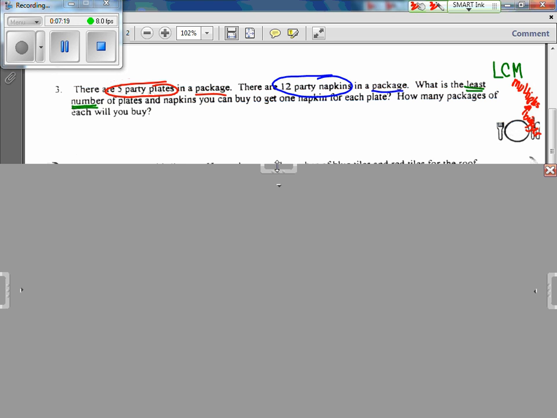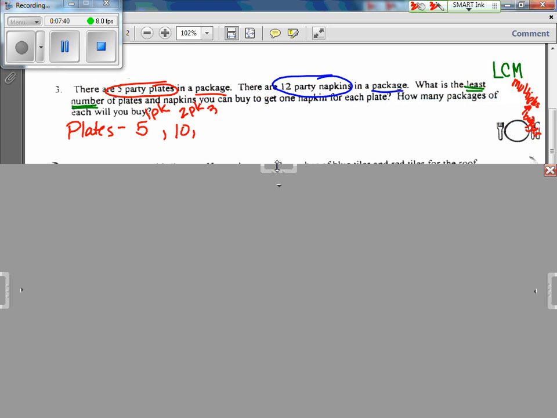Okay, so let's start with the plates. They are 5 per package. So if I buy 1 package, I'm going to have 5 plates. If I buy another package, I'm going to have 10 plates.